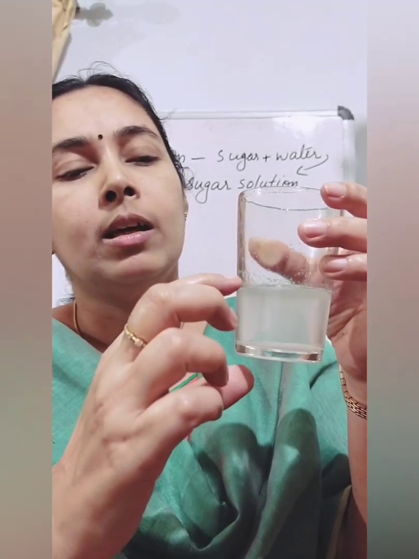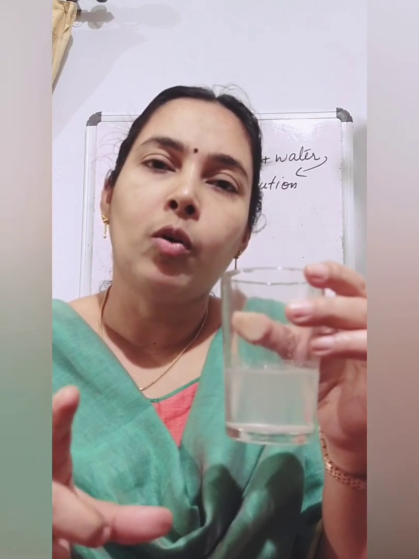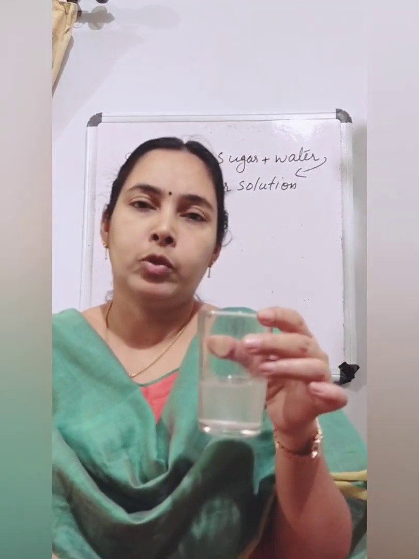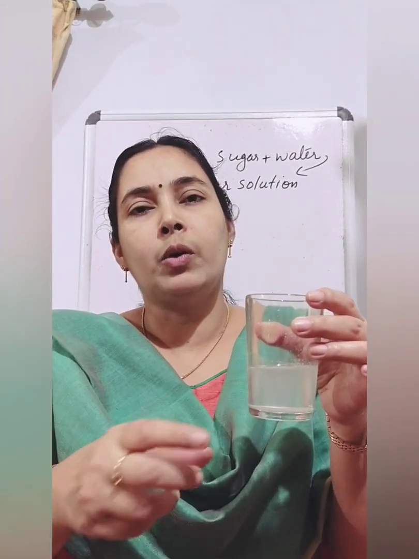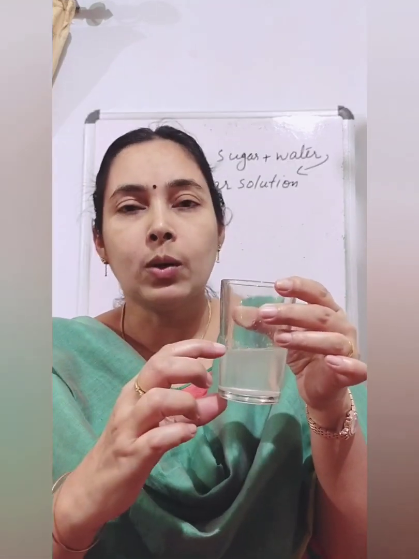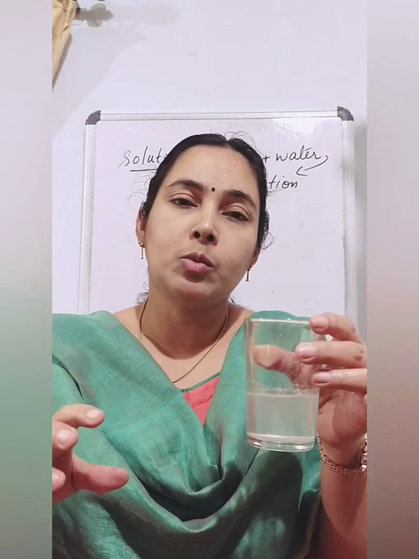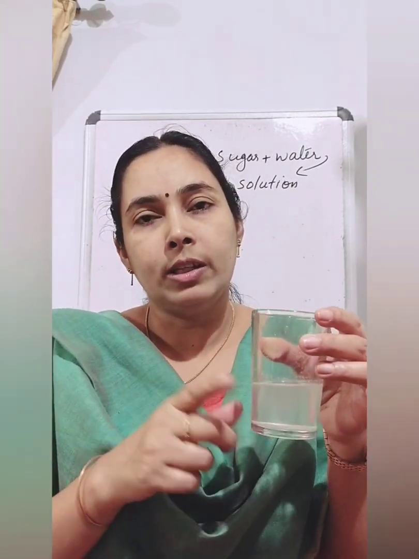So this quantity of water, I have this much water, can dissolve only 3 spoons of salt. It is not able to dissolve the fourth spoon of salt. Now again if I add the 5th or 6th or 7th spoon, it won't dissolve in this water.